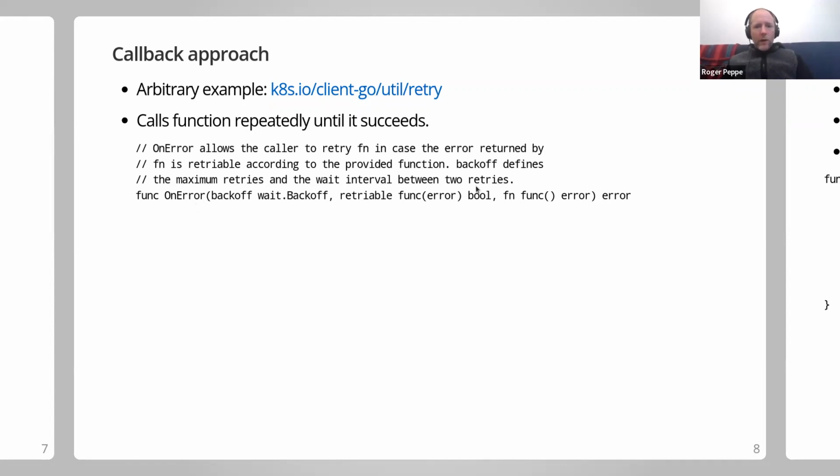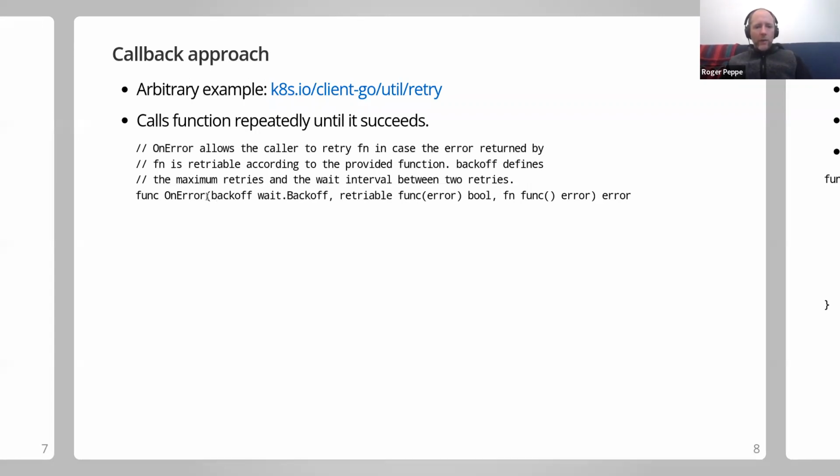You've got a function that returns an error, and this retry.OnError will call this function until it doesn't return an error, or until the error it does return, it passes through retryable, and if that returns false, then it stops. And you've got this backoff structure which tells you how to back off.